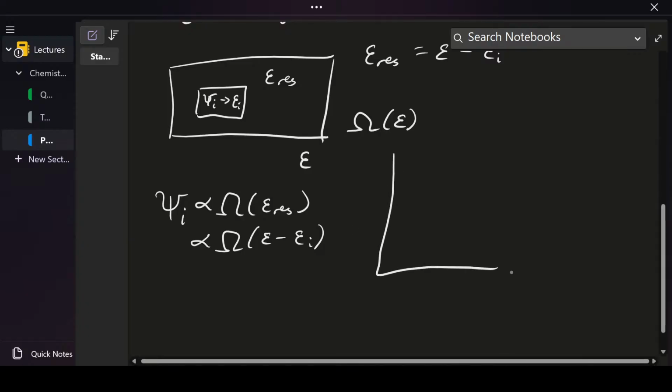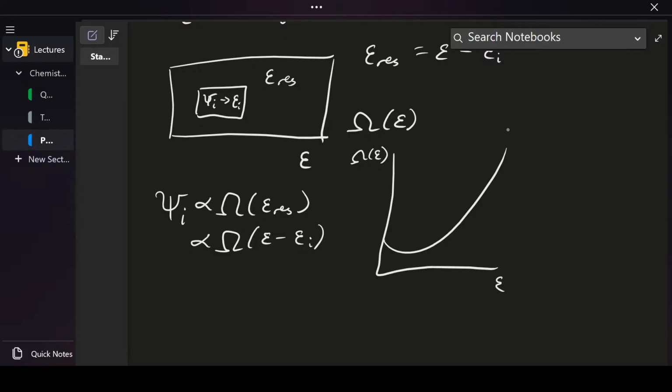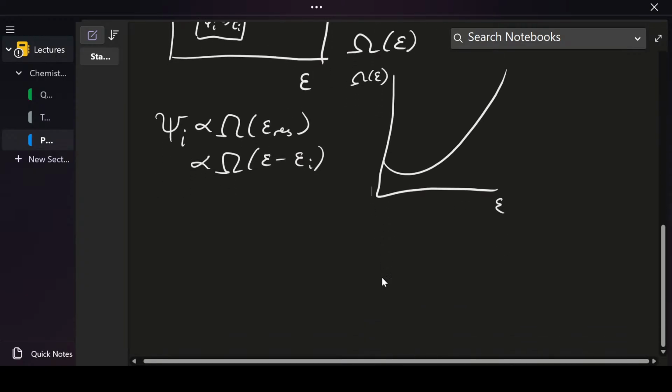If you were to graph omega of epsilon against epsilon, you would probably find it shoots up very, very quickly.